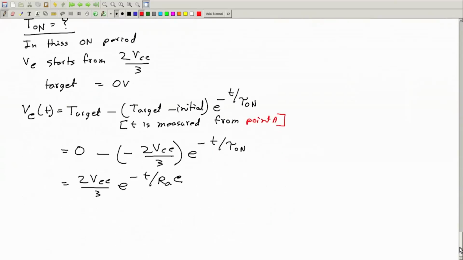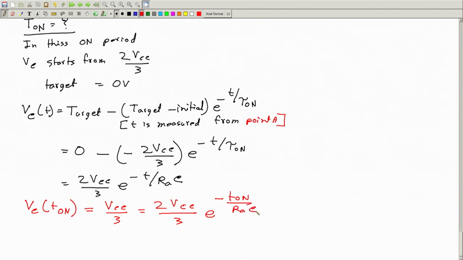Okay. So if we assume that Vc at t on goes to VCC by 3, then let me write the value by putting t on in this expression. This becomes e to the power minus t on by RA C.